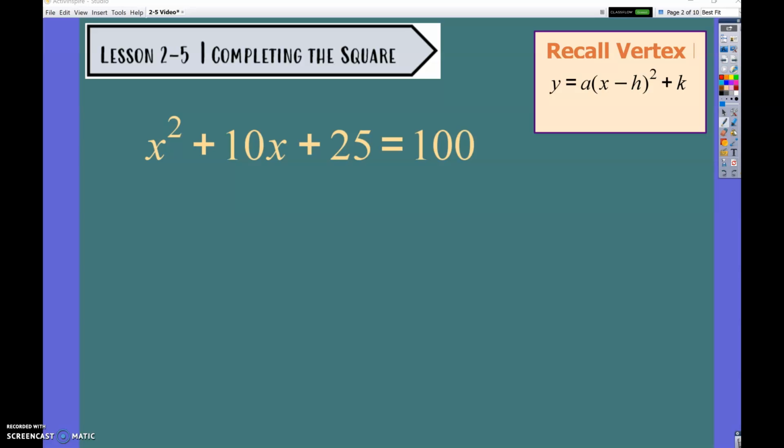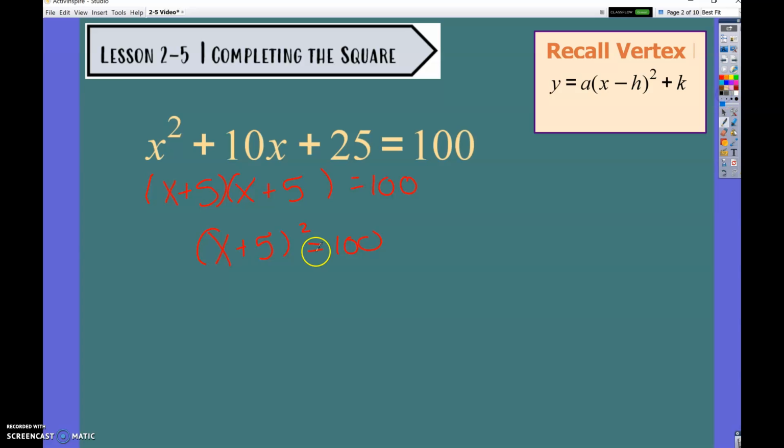Now here we have a quadratic on the left equal to 100, and it makes me feel like, gosh, this right side is a perfect square. I wish this left side was, just like x plus 4 squared was. But if we were to factor this, we would see that it's x plus 5 times x plus 5, because 5 times 5 makes 25, and it adds to 10. So we could rewrite it as x plus 5 quantity squared equals 100.